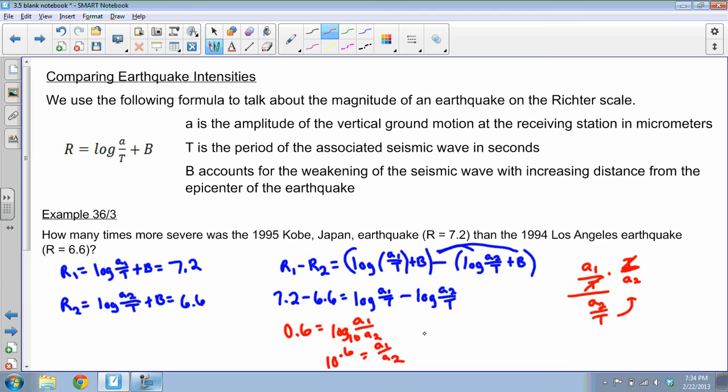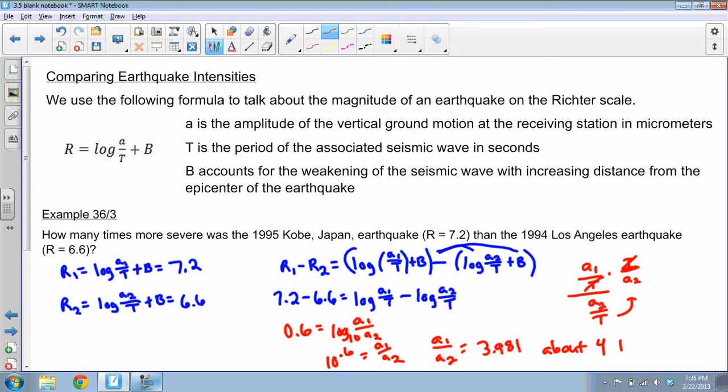That's actually what it's wanting: how much greater in magnitude was the Japanese earthquake than the Los Angeles earthquake, which is this ratio A1 over A2. So we just want to find 10 to the 0.6, which is 3.981, or the book would probably say about 4.